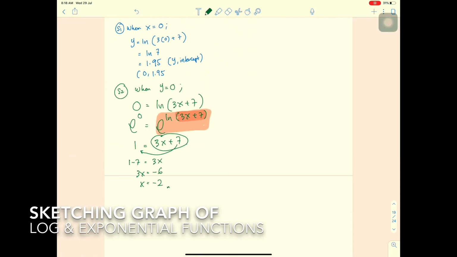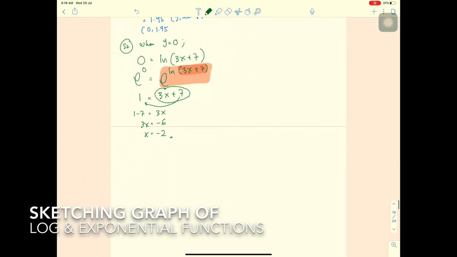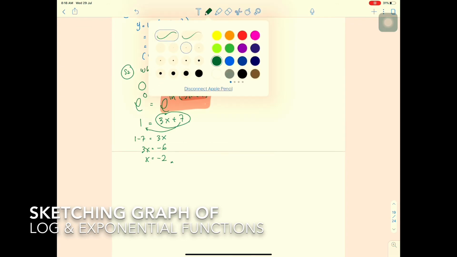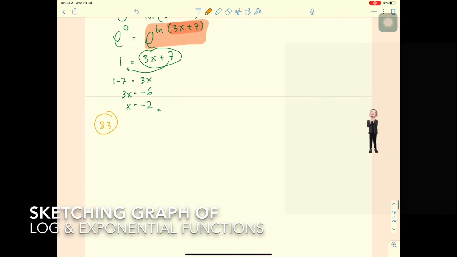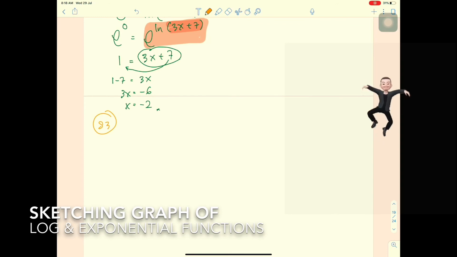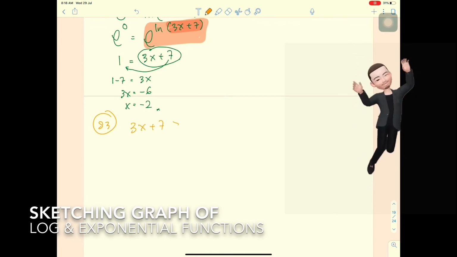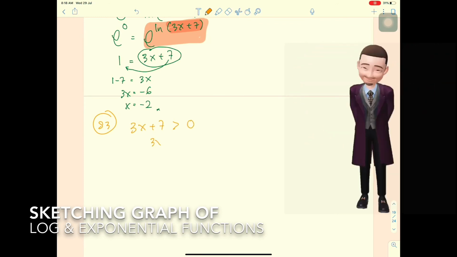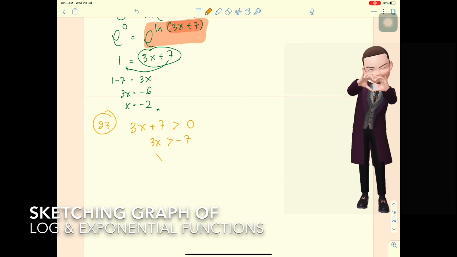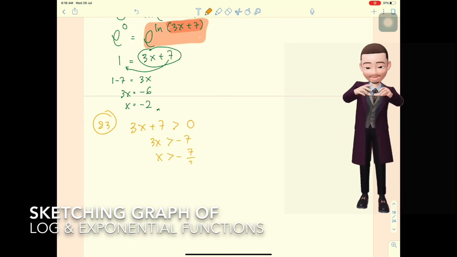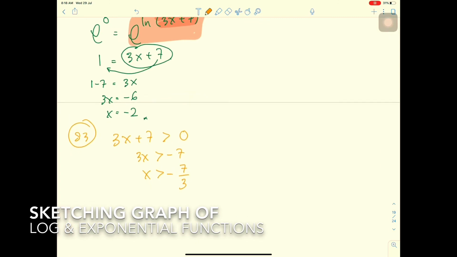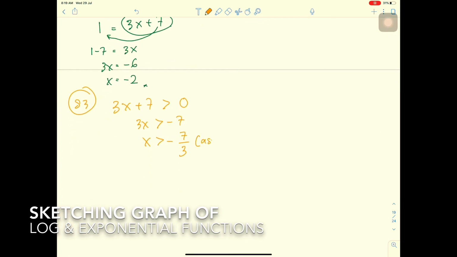And then step 3. When 3x plus 7 is greater than 0, so 3x is greater than negative 7, so x is greater than negative 7 over 3. We call negative 7 over 3 the asymptote.